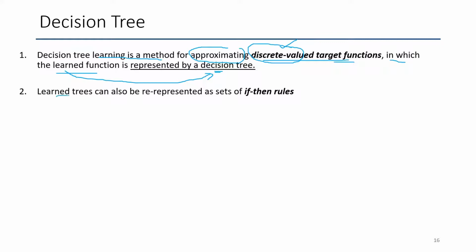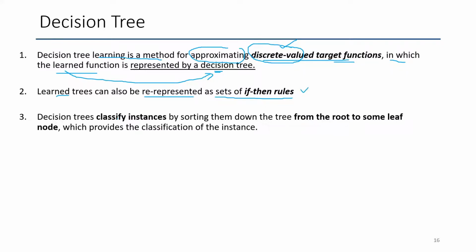So a learned tree can also be re-represented as a set of if-then rules. Next, a decision tree classifies instances by sorting them down the tree from root to some leaf node, which provides the classification of the instance. So for the given instance, we will start from the root, perform the test, and follow the particular branch. At the leaf node we will get the result for that particular instance.